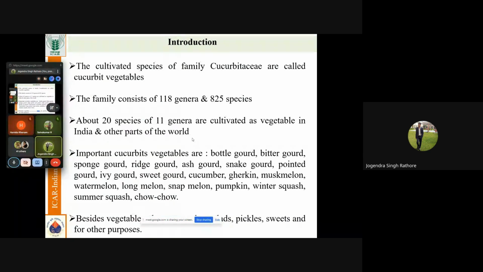There are also a few minor or underutilized cucurbits like sponge gourd, ridge gourd, ash gourd, stem gourd, and pointed gourd, which are cultivated in one or other regions of India. Most cucurbits are cultivated as vegetables, but a few are also used for various purposes like pickles, sweets, and for instrumental and medicinal importance.